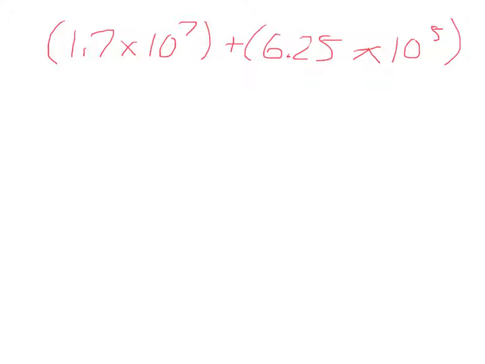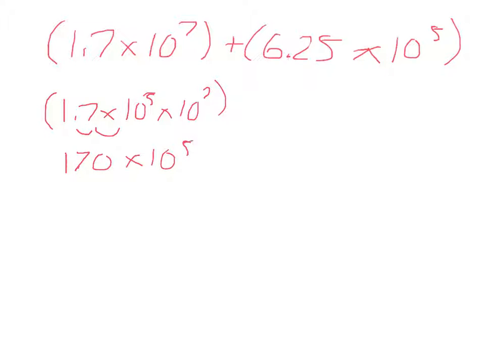Okay, all right, so let's see. If I want to do this one and make this one to the 5th, for example, I'm going to make this 1.7 times 10 to the 5th times 10 squared. Well, that means I got to move that over twice to get 170 times 10 to the 5th plus the 6.25 times 10 to the 5th.